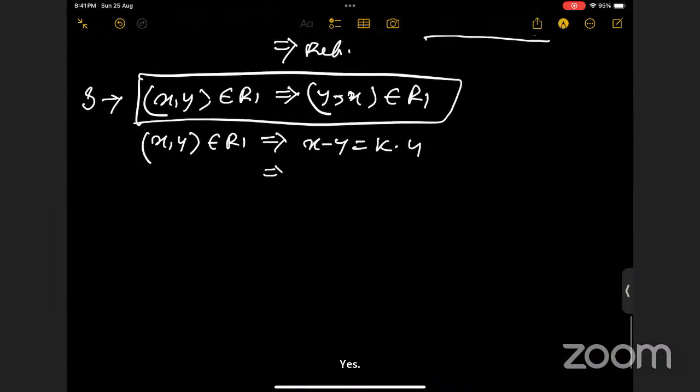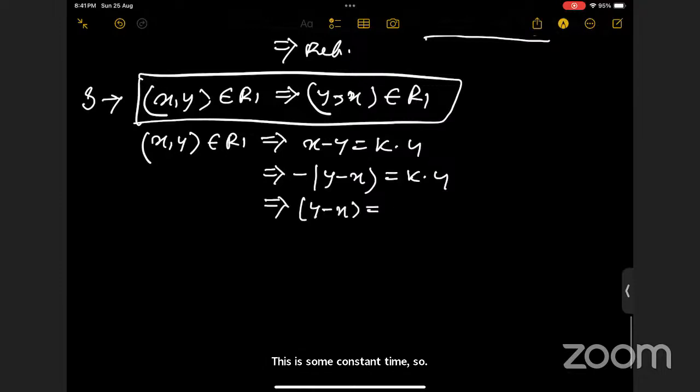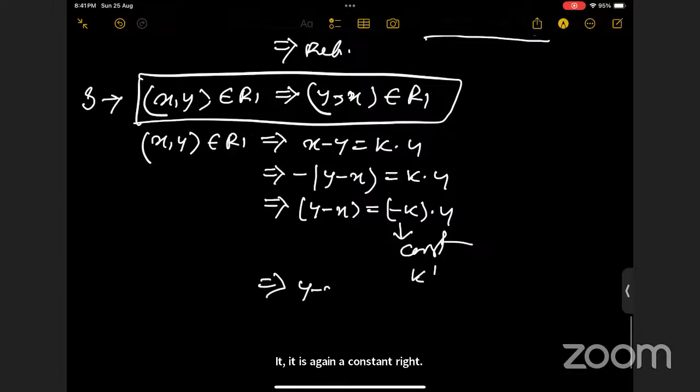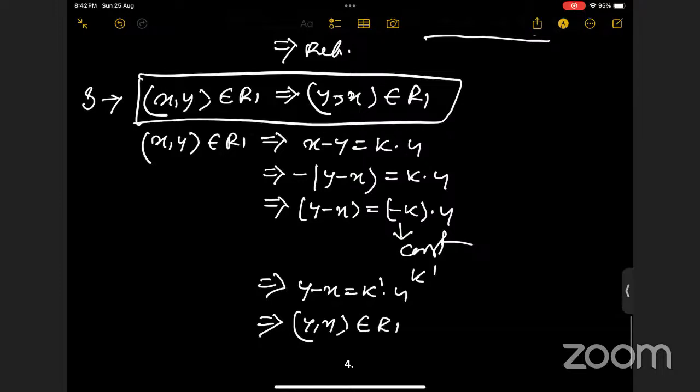So what we can do, we can take minus as common, then it will be y minus x, right? This is some constant times 4. We can multiply minus over there, then it will be minus k into 4, so it is again a constant, right? Some k dash. So we have y minus x equals some k dash into 4. So it will imply (y, x) belongs to R1, right?